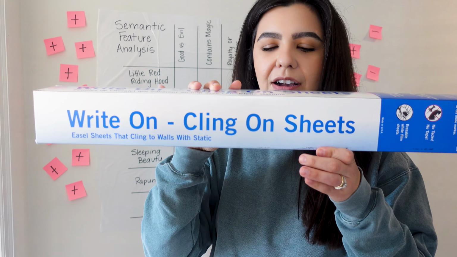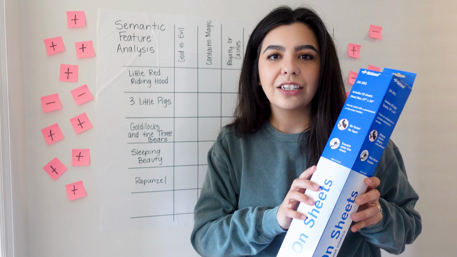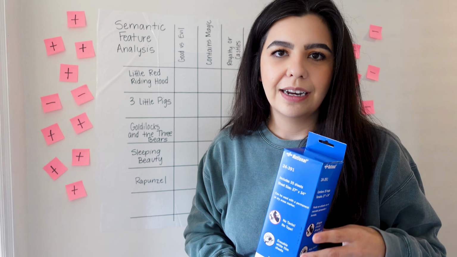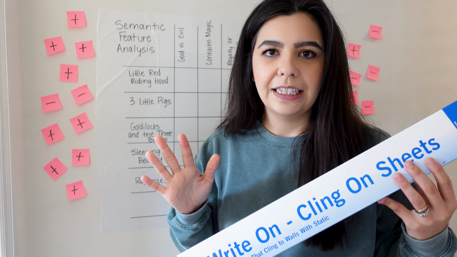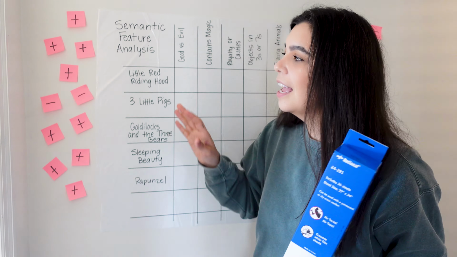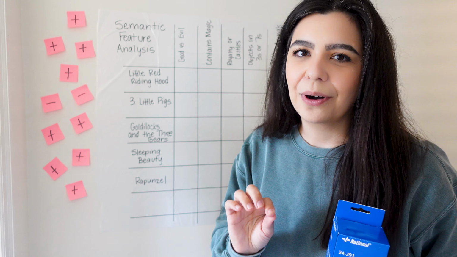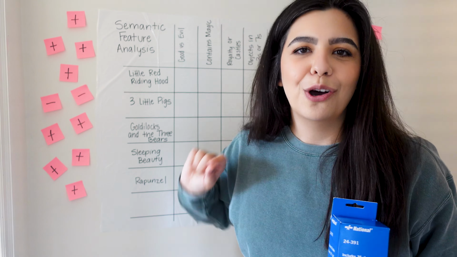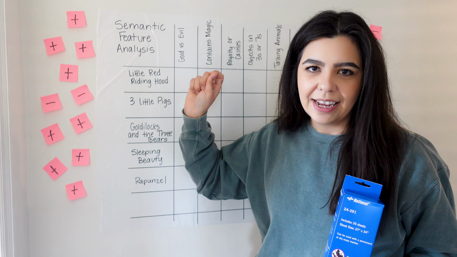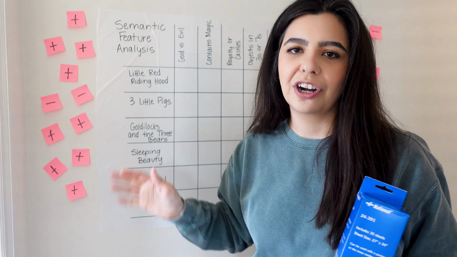It is a write-on cling sheet. I will leave a link so that if you want to check these out, you can find these on Amazon. They are dry erasable, which is really nice. I utilized a Sharpie here, and I did have some areas where I had errors, but you can always go over it with an Expo marker and it'll automatically erase that Sharpie from the sheet.